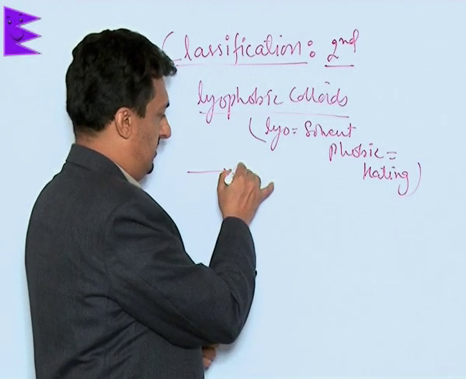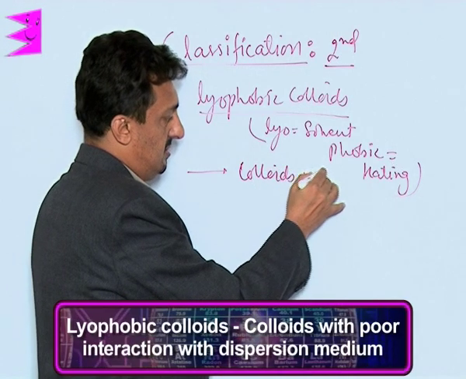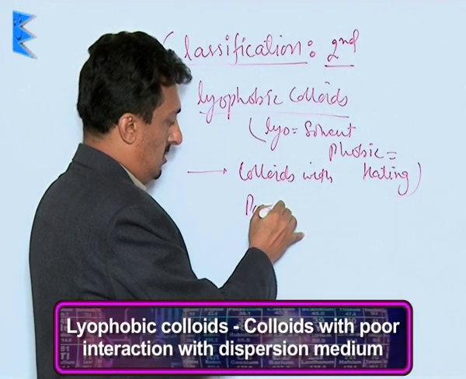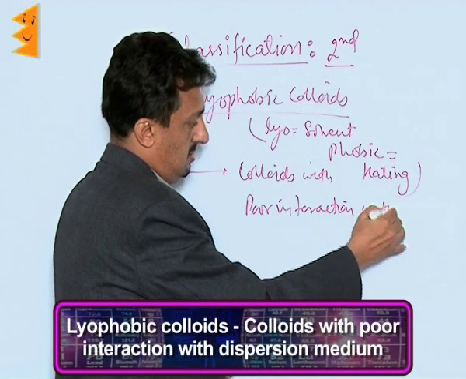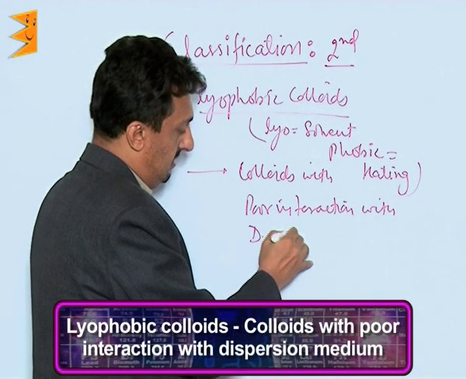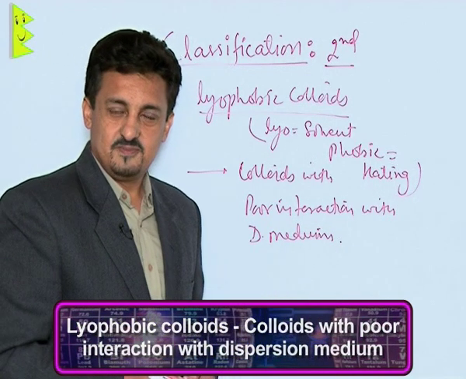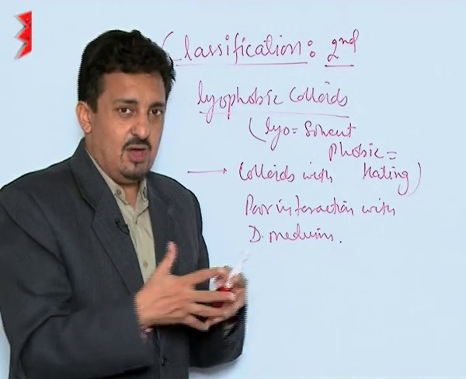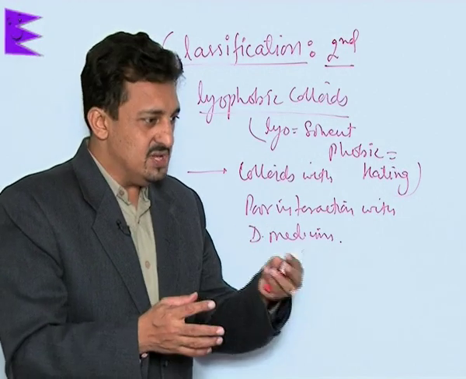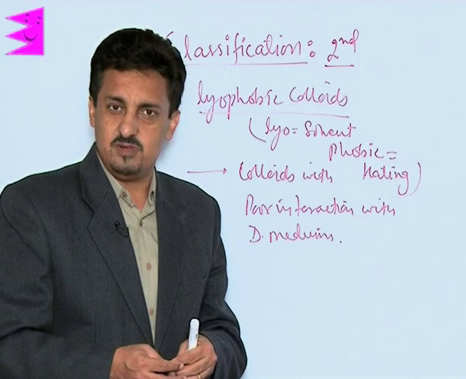So colloids with poor interaction with the dispersion medium are called lyophobic colloids. Since they have a poor affinity, you just can't prepare them by mixing the dispersion phase in a suitable dispersion medium.